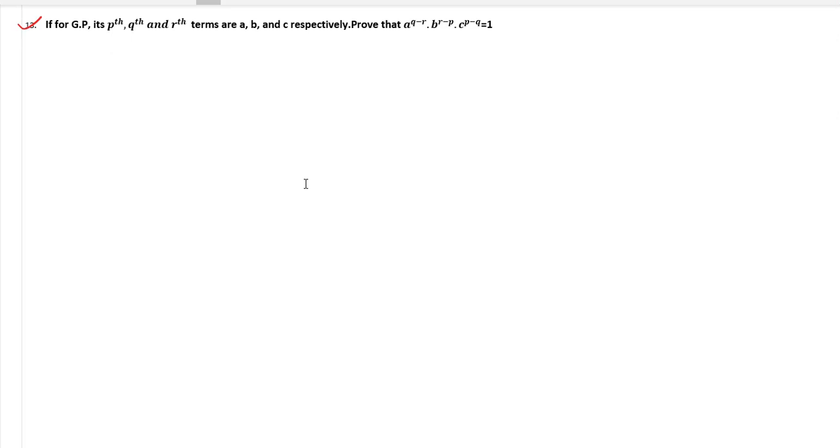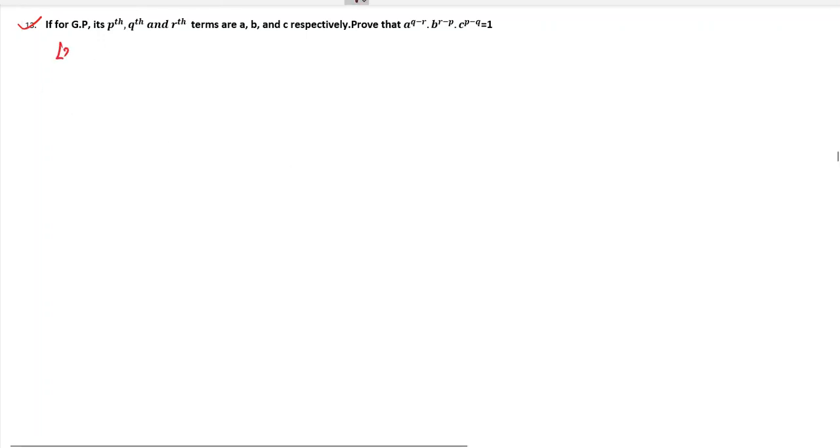If for a GP, its pth, qth, and rth terms are a, b, and c respectively, prove that a raised to q minus r into b raised to r minus p into c raised to p minus q is equal to 1.